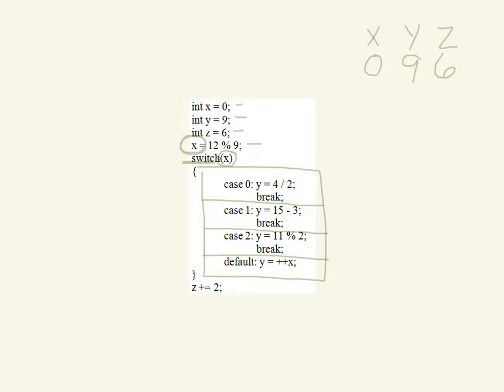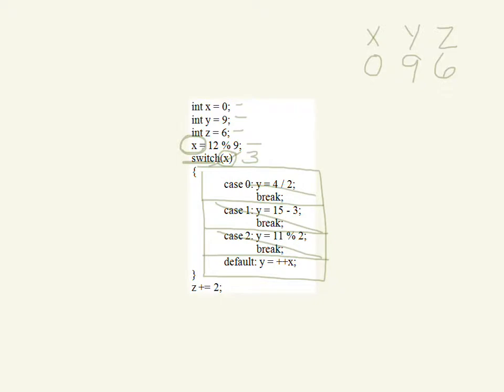So 12 modulo 9 gives me 3, because modulo returns the remainder from integer division. Okay, so I go down to my cases and find the first case that's equivalent to 3. Well, it's not the first one, not the second one, not the third one. So none of these cases match.